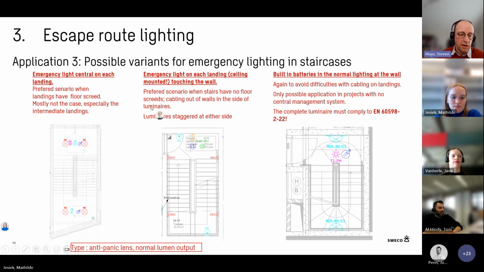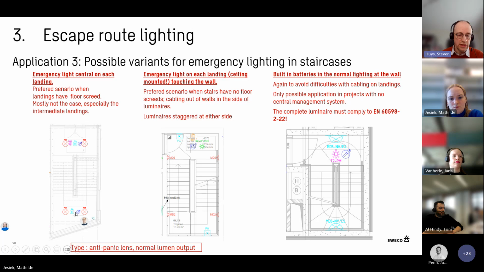Then we thought it would not be bad to pay attention to something that is always difficult, the staircases. We think you have three possible variants of applying the emergency lighting in staircases. First of all, if you have a floor screed on all landings, then it's of course the best way to put an escape route luminaire just in the central points of the landings.